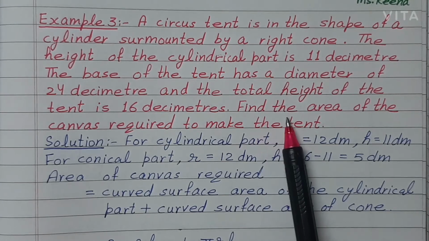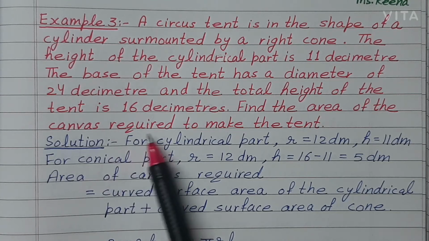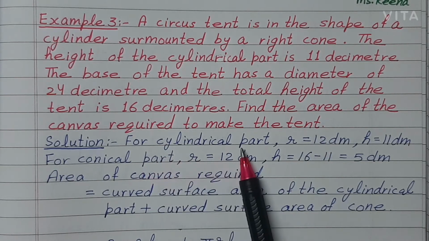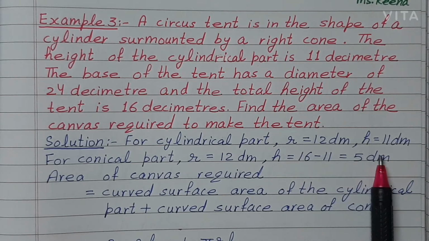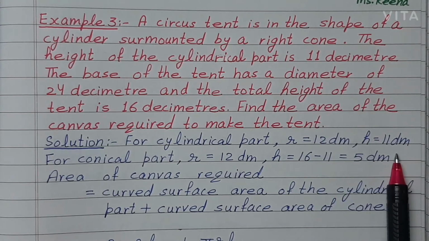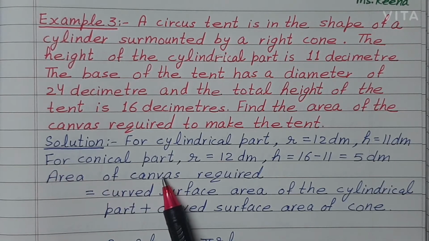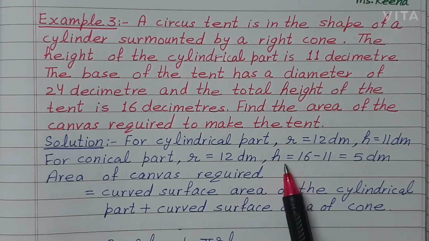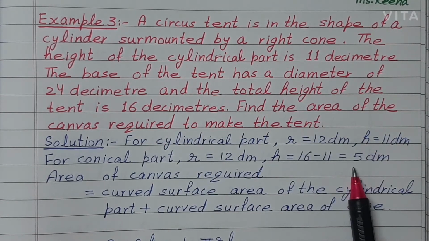Find the area of the canvas required to make the tent. For the cylindrical part, radius is 12, height is 11 decimeter. It is not centimeter, it is decimeter. Clear? For the conical part, radius is 12 decimeter and height is 16 minus 11, that is 5 decimeter.